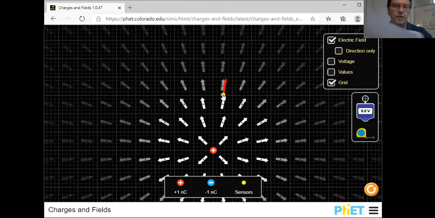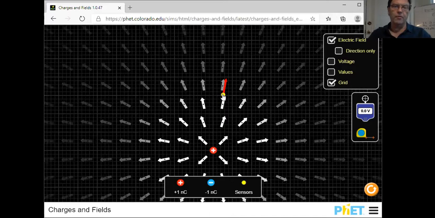Again, the first part of the question is regarding magnitude. And then it says, summarize what you observe and how the direction of the electric field depends on location below. We haven't done any experiments yet. We're just playing around. The direction is always radially outward from the source charge because the source charge is positive, right?